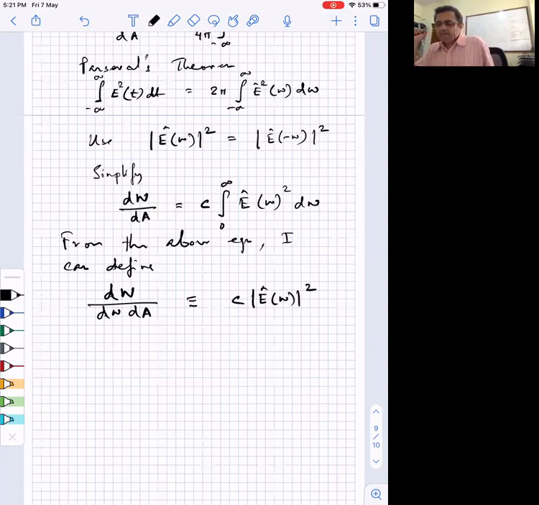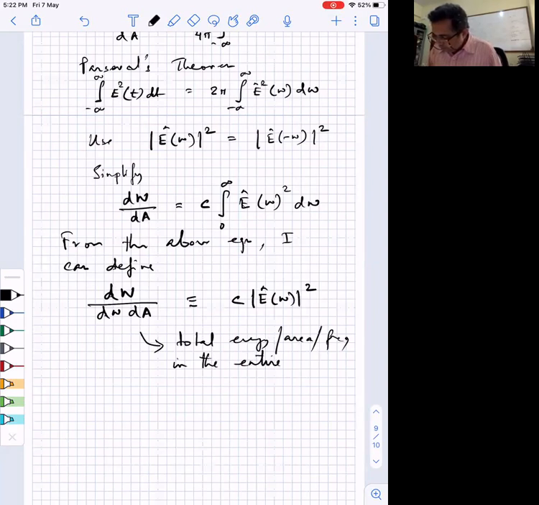Okay. This is what it is. So this is the total energy per area per frequency range in the entire pulse. Okay. So this is very important, the word over here: total energy per area per frequency in the entire pulse.